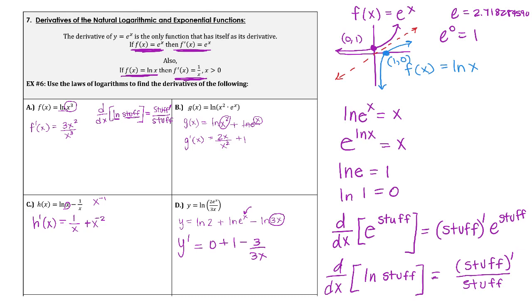I just thought about, you could still use that stuff prime over stuff right there. Still use that there if you want to. What's the derivative of 2? 0. So wouldn't that be 0 back over 2, which is 0? So you can do stuff prime over stuff there. I just look at it as a number and go on. But you can definitely do that there.